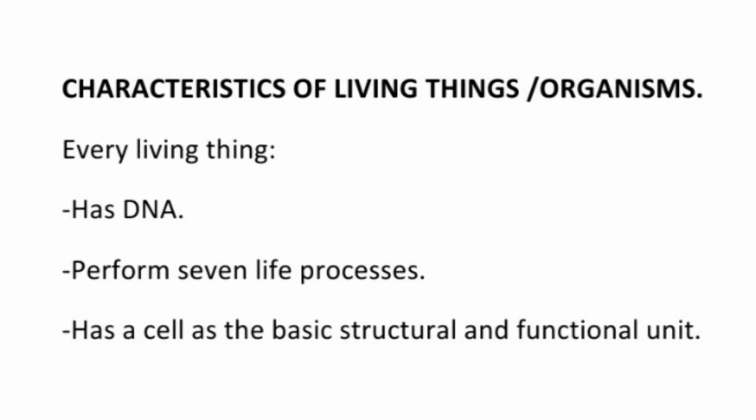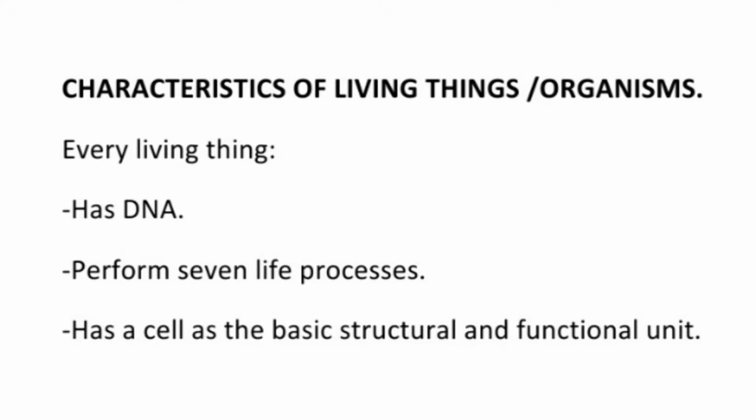One, the living thing must have DNA. Two, 7 life processes must occur in the living thing. And then the living thing must have a cell or cells. So these are the characteristics of living things.